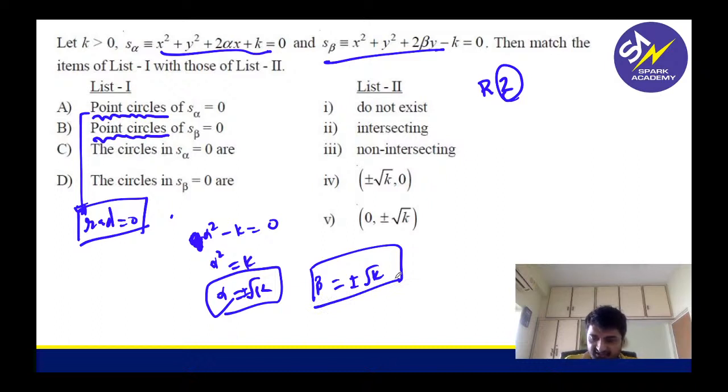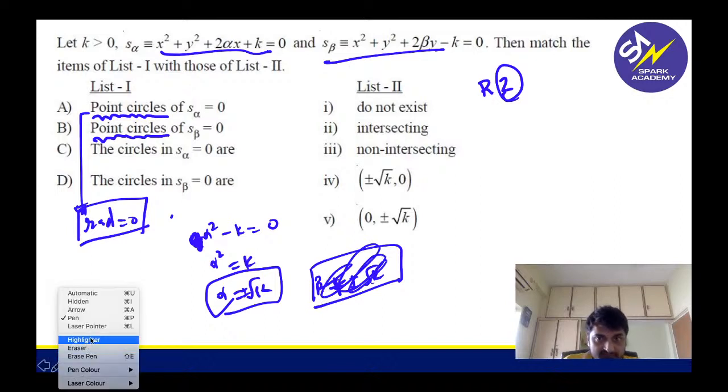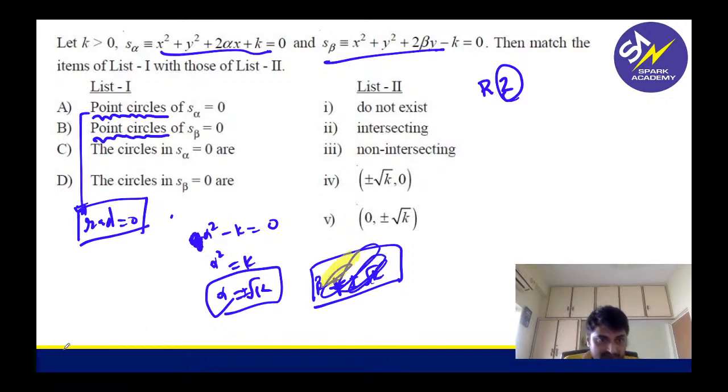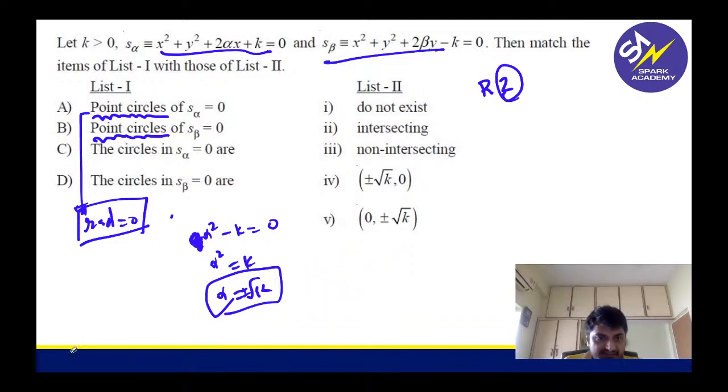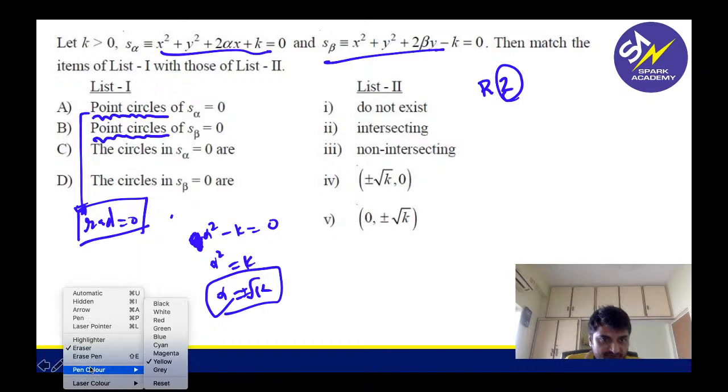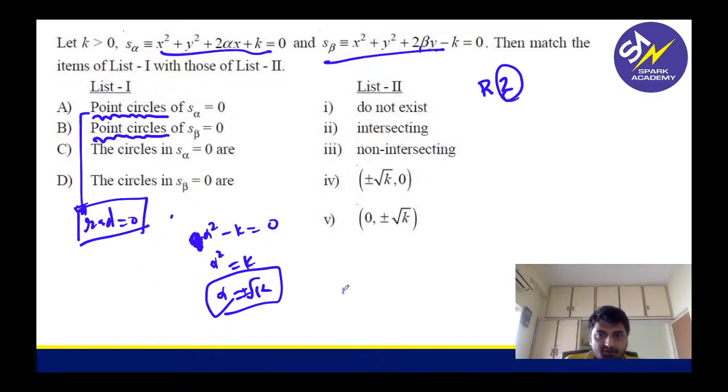So it's easy, right guys? This is plus k, right? This is plus k. So beta, this is slightly different. This is a little different, guys, because you have to take, I'm just using the radius formula, under root of g square plus f square.